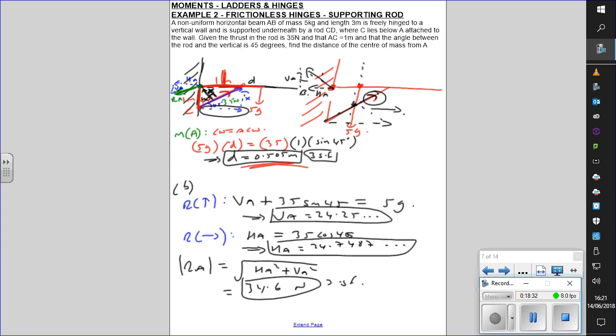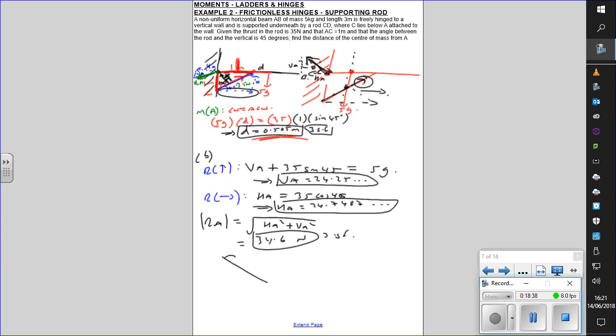And what's the direction? I'm so glad we drew that correctly now. So there's our theta. So if we look at that, here's RA, here's HA, here's VA. So again, we're saying tan theta is VA over HA. So 24.25 over 24.7487.